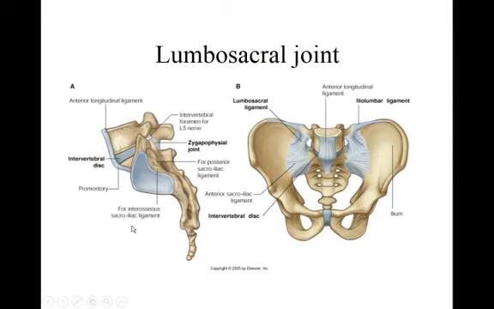This is the articulation between L5 and the top of the sacrum, or S1. You can see here from this sagittal plane view a nice visual of the lumbosacral angle. Do you remember how many degrees the lumbosacral angle is? Very good. It's about 30 to 40 degrees.